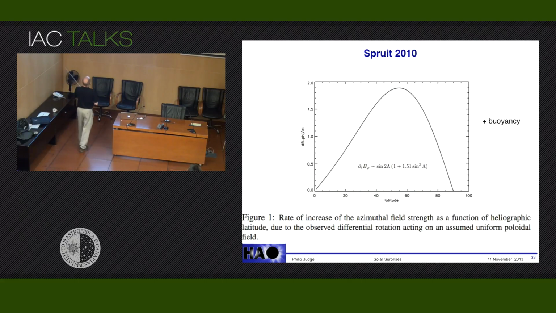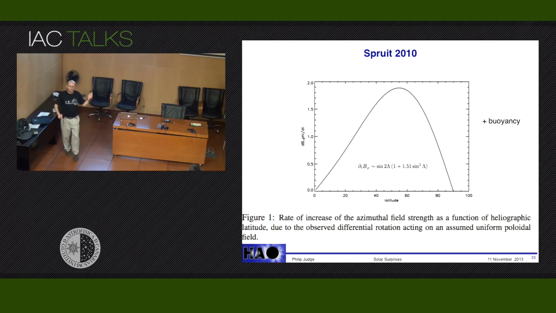But what's interesting here is that you get a peak around 55 degrees. So what he's saying is that as I go from equator up to pole, I do very little generation of magnetic field through the differential rotation at this point, but I generate a lot of it up here. So where are the fields going to appear absolutely first?